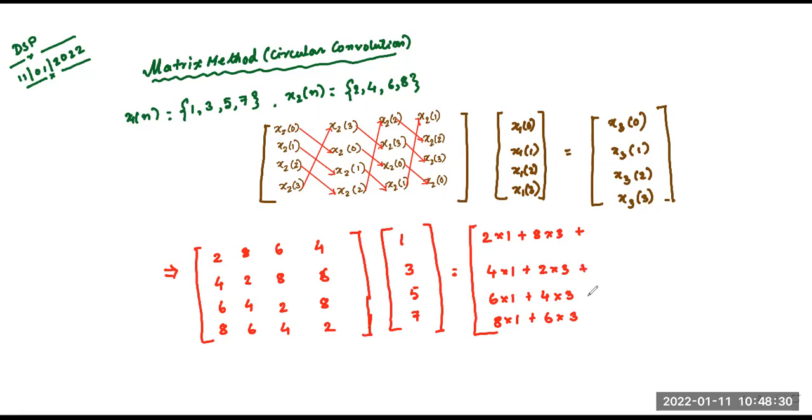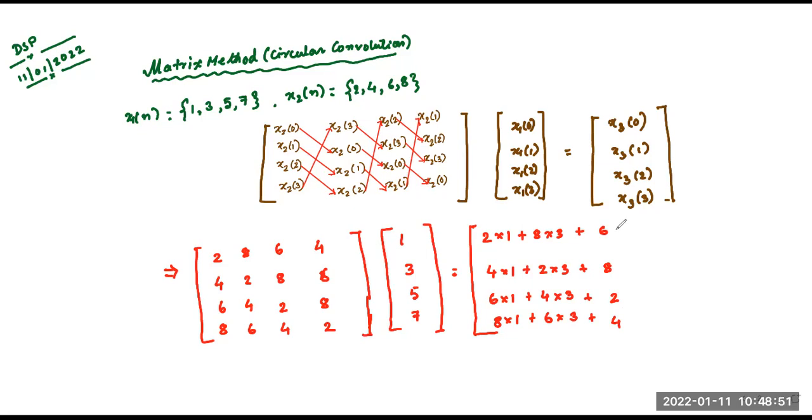Then what will happen? This will be added with what again? 6, 8, 2, 4, 6, 8, 2, 4.